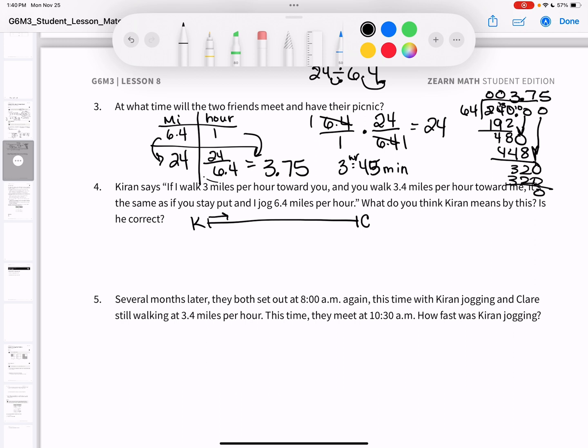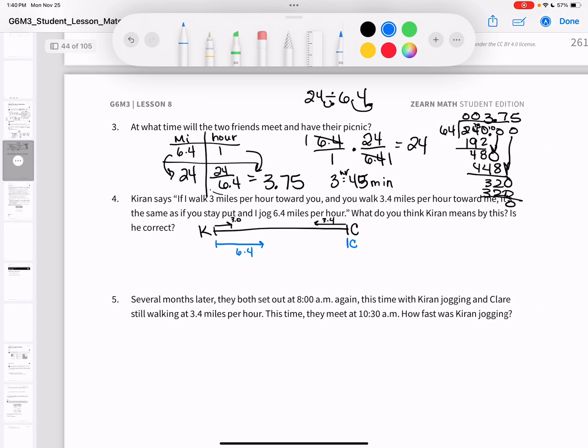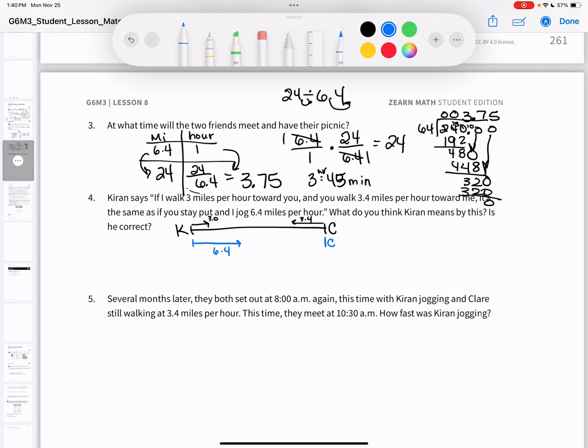Because Kieran was walking 3 miles per hour and Claire was walking 3.4 miles per hour. So Kieran is actually saying, Claire, you stay here, you don't move, and instead I am going to run 6.4 miles per hour. And that would be the same as both of us walking. That's what he means. He is going to be the one doing the running.